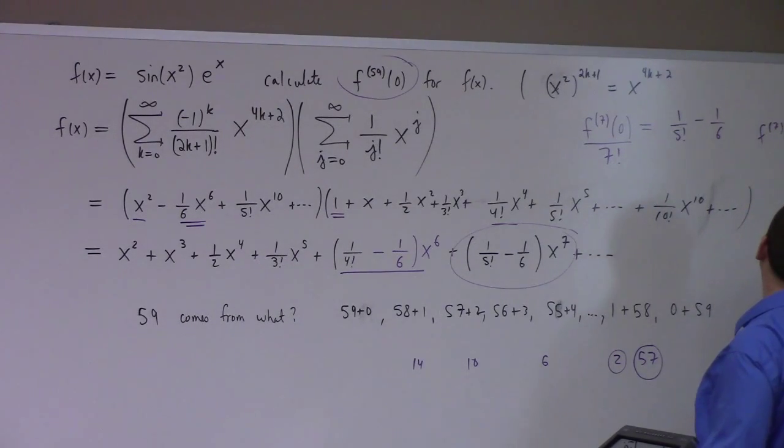Oh, yeah. Okay, so that's 42. It's everywhere. Minus, but 7 factorial divided by 5 factorial is 42.